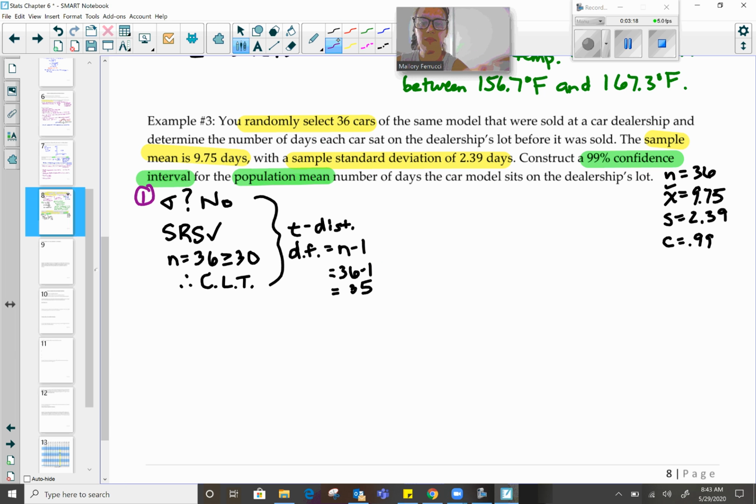Okay, cool. Step 2. So now we have to find the critical value, the t-value. Okay, so the degree of freedom is 35. The level of confidence is 0.99 or 99%. So let's look in our t-table to see what that gives us.